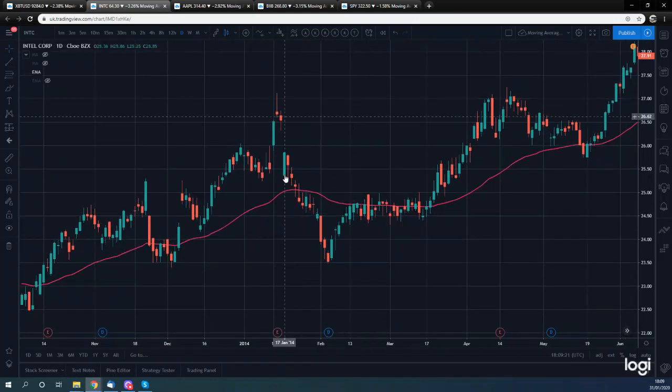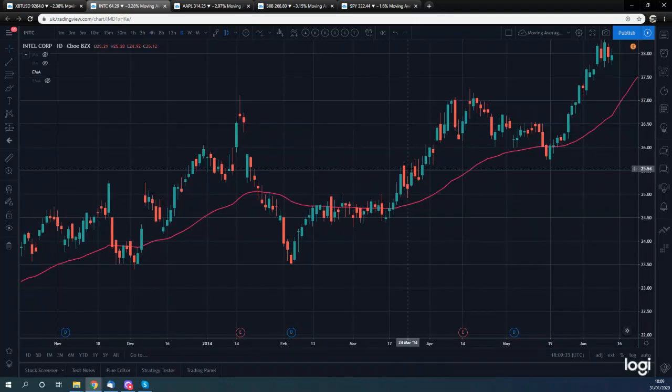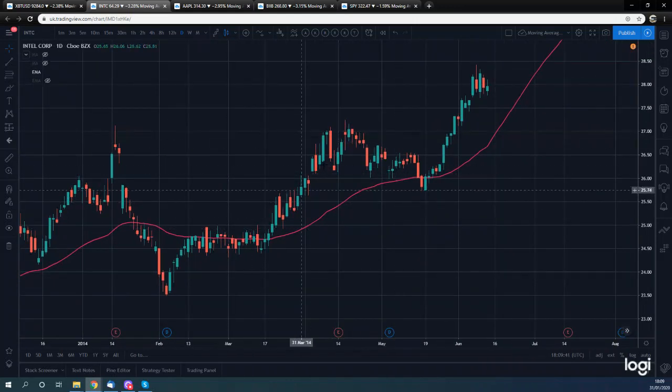But what did happen, after that flush out of the stops, a stop run over a few days, we did regain the 50 period moving average. We consolidated around it, and then we broke off it again, forming the right hand side of this cup formation, and then price did rally a bit.